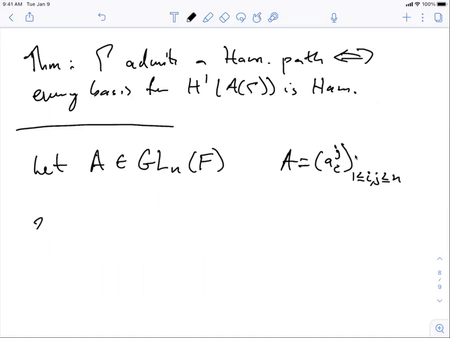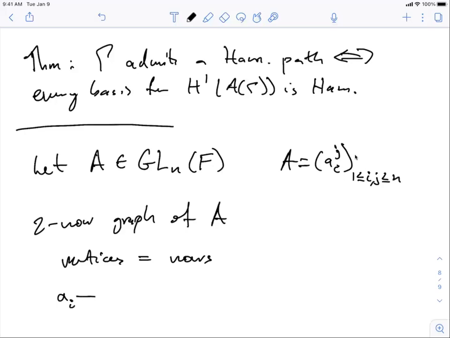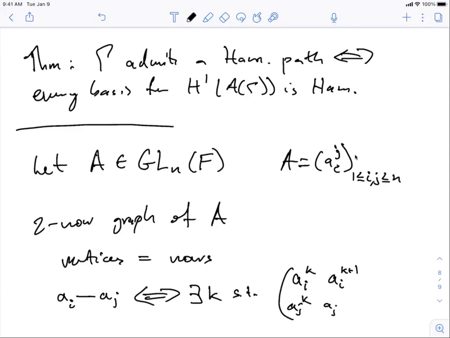And so we'll build the 2-row graph of A. The vertices are the rows, and we'll say that row i is adjacent to row j if and only if there exists a k such that the determinant of the matrix with entries A_ik, A_i(k+1), A_jk, A_j(k+1) is not equal to 0.